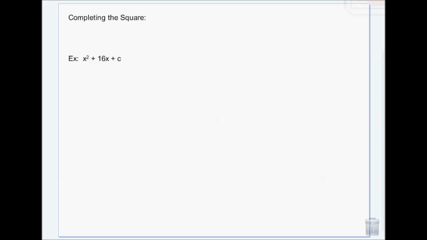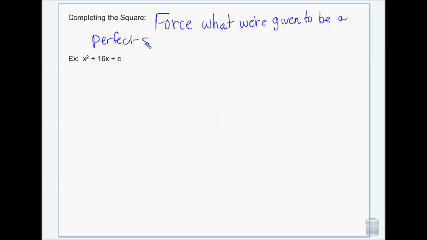Essentially, when we force, basically, completing the square is like this.